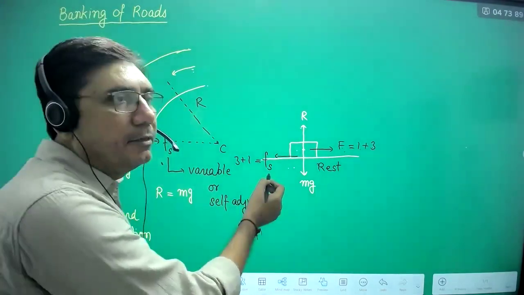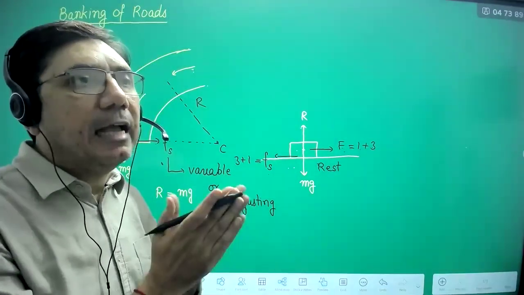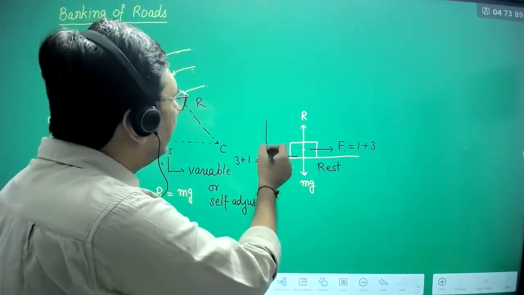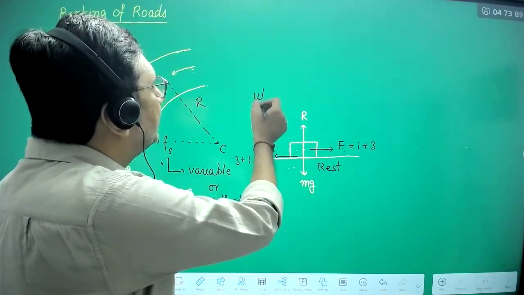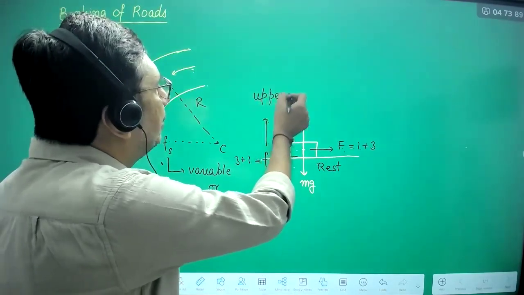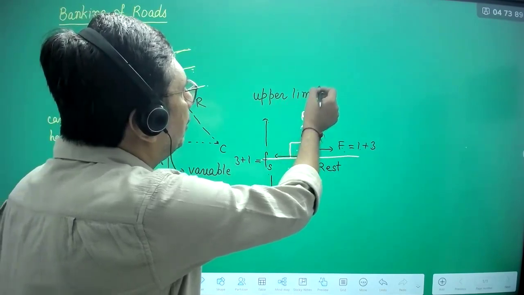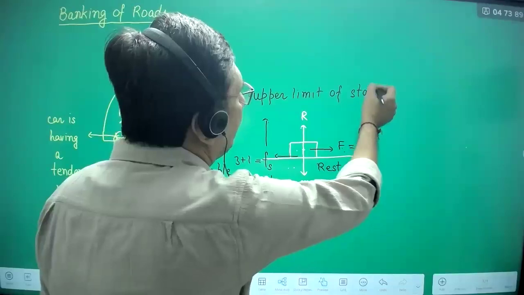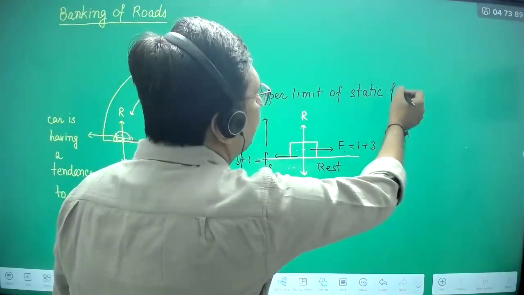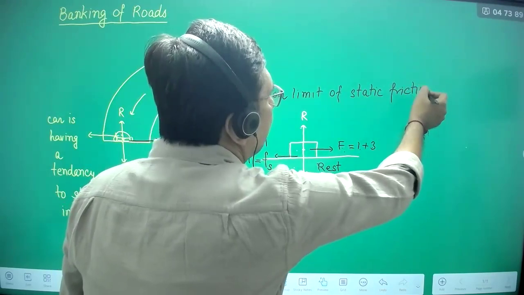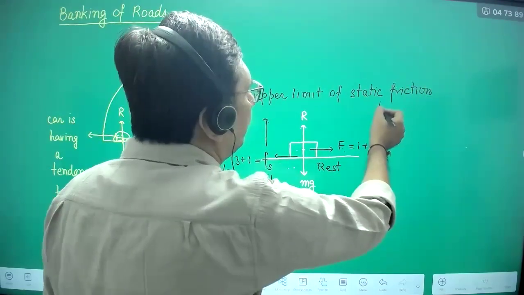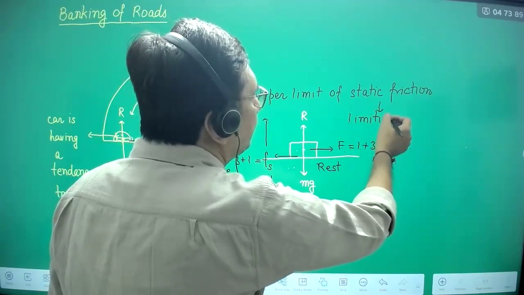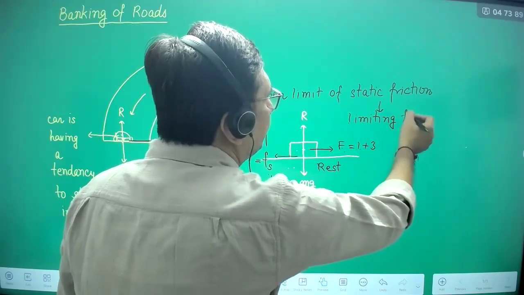But there is an upper limit. This static friction force has an upper limit of static friction, and that is called limiting friction.